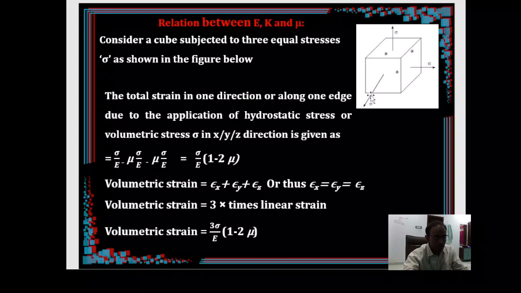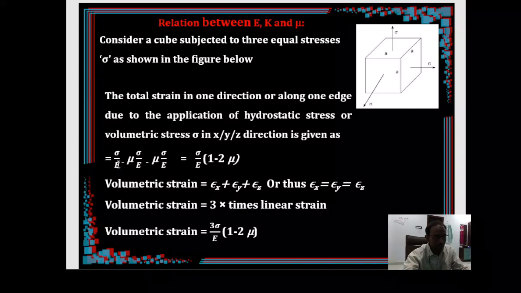Similarly, because of this particular stress there will be lateral strain here. So altogether you will have three strains. One is longitudinal, another because of this one is a lateral strain here, and because of this one a lateral strain here. Because it's a tensile force system, the first one is sigma by E.